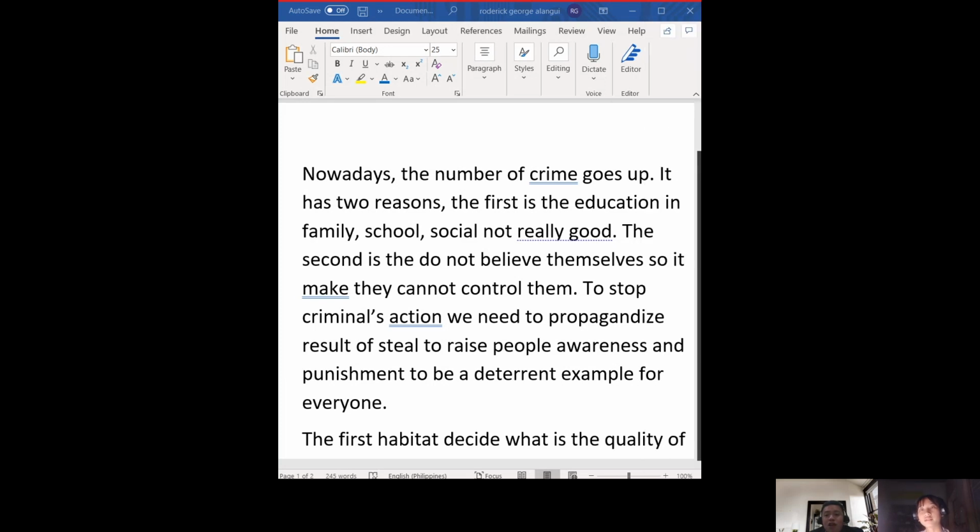What are the common crimes in Vietnam? It means, what are the common bad things that are happening in your country? The reason of crime. No, what crimes usually happen in your country?